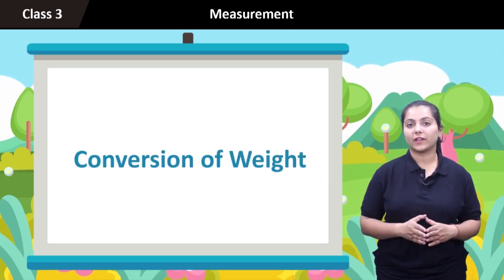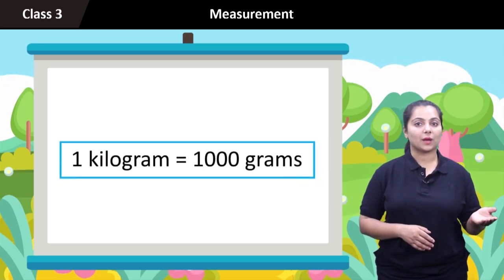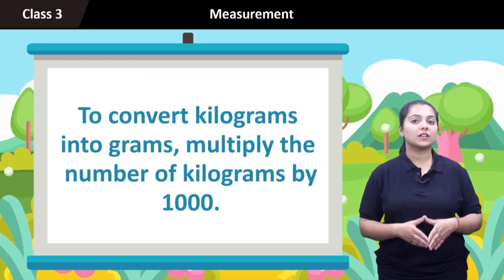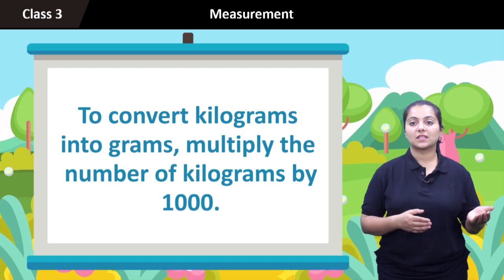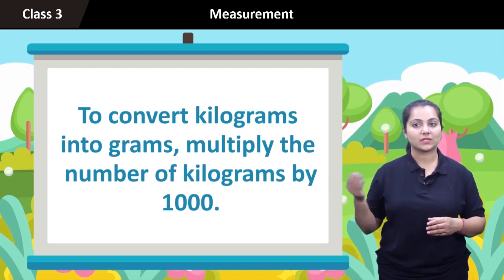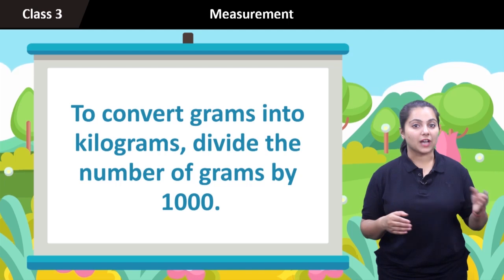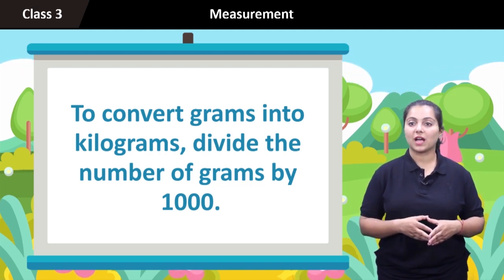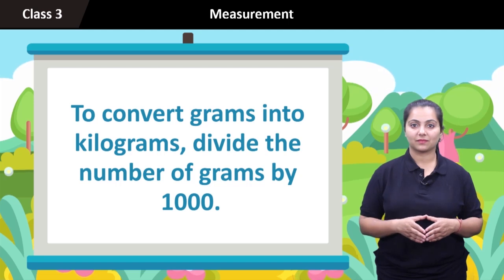Conversion of weight. 1 kilogram is equal to 1000 grams. To convert kilograms into grams, multiply the number of kilograms by 1000. To convert grams into kilograms, divide the number of grams by 1000.